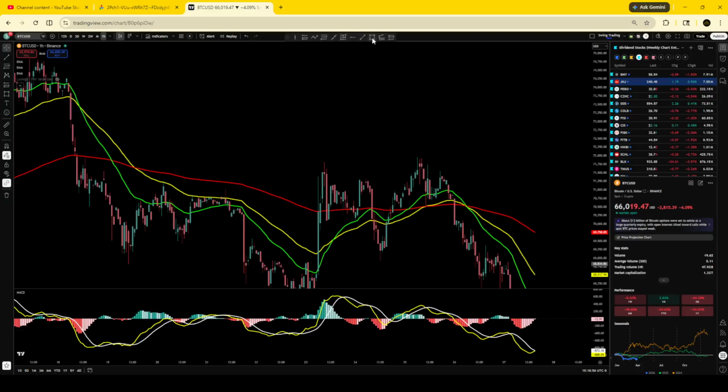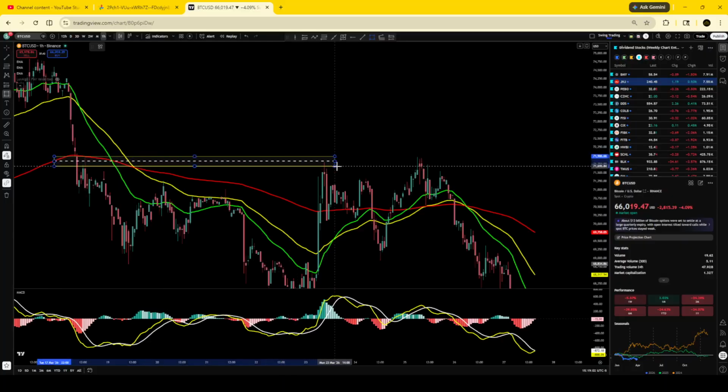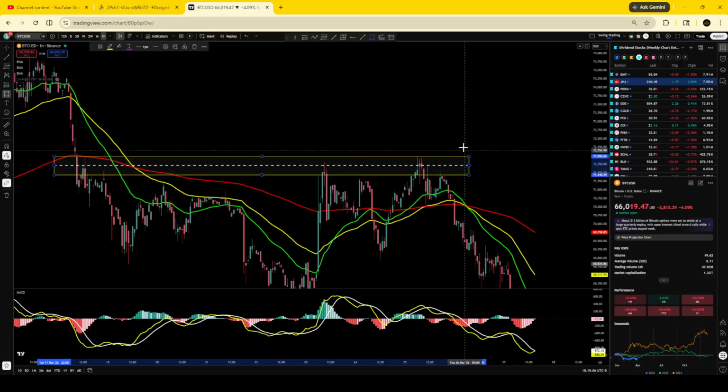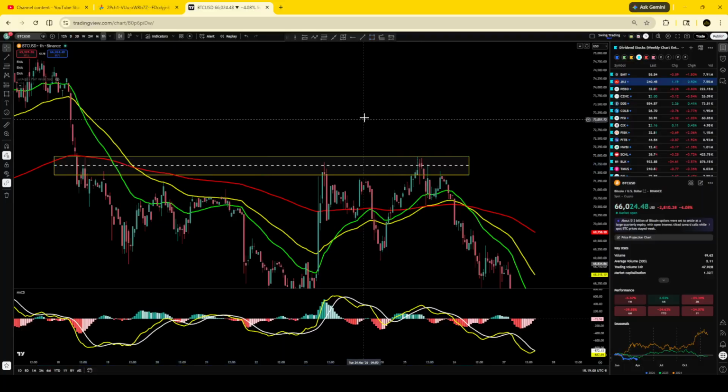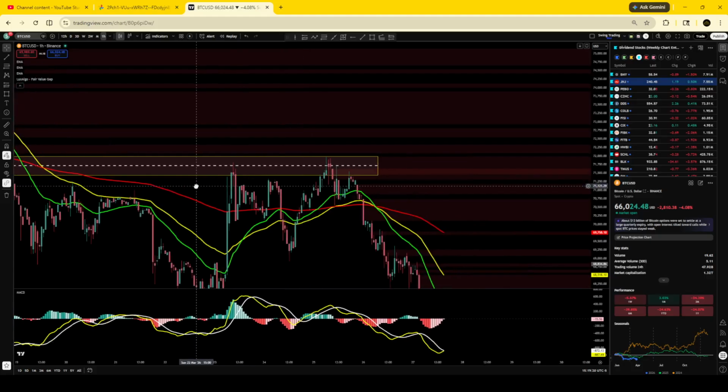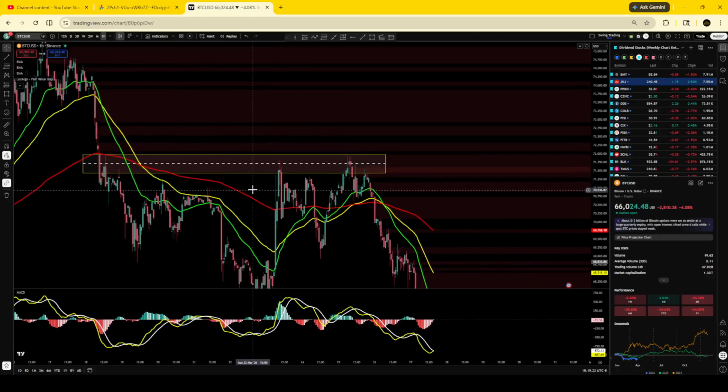Let's draw the fair value gap right there, and right there. I'm almost guaranteed that a red fair value gap is going to pop up across this. I might be wrong, but let's see. Boom. There it is.